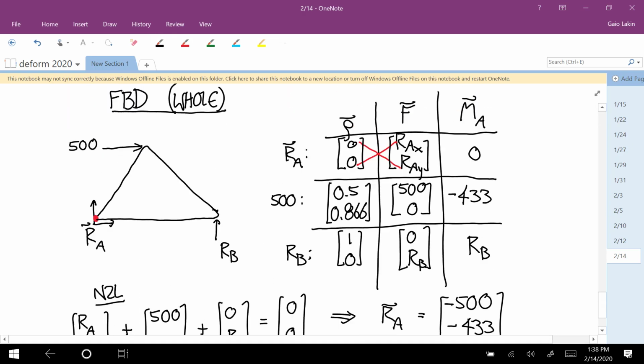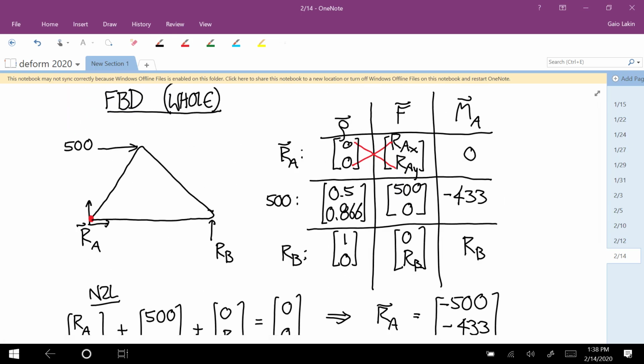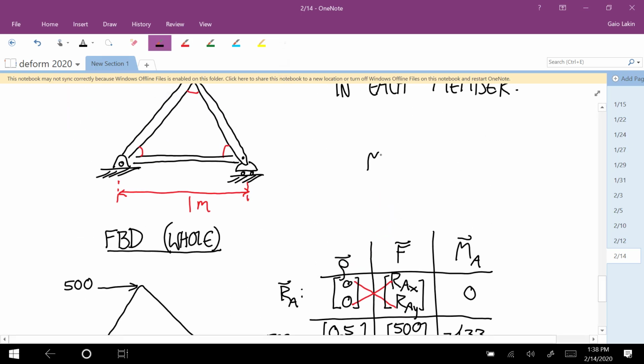Yeah, so to calculate a moment, it's this row vector crossed with the force vector. And the meaning of that row vector is a vector that goes from the about point, whatever you choose as your about point, to where the force is applied.